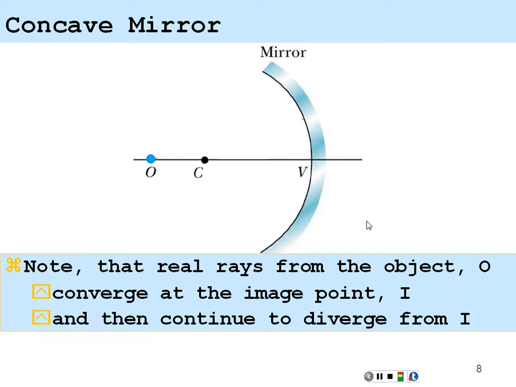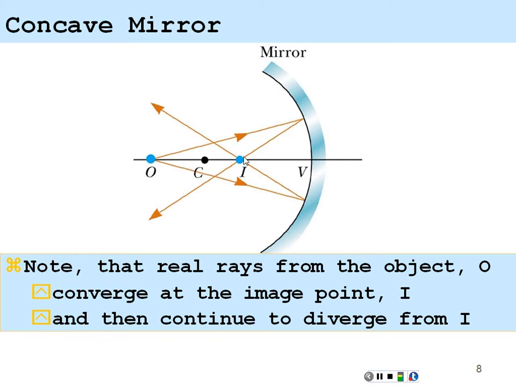Let's say we had another ray, and it hits down over here. Again, if I focus in real close locally on this mirrored surface, where it almost appears flat at that point, I would see that the angle it comes in with is also equal to the angle it goes out with. So it's going to come out, in this case also converging at point I and then diverging from there.